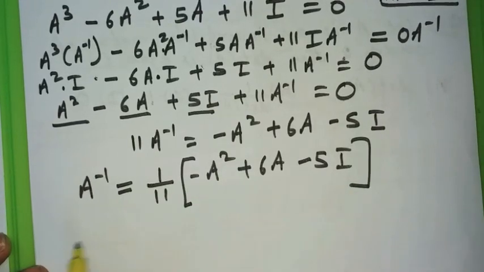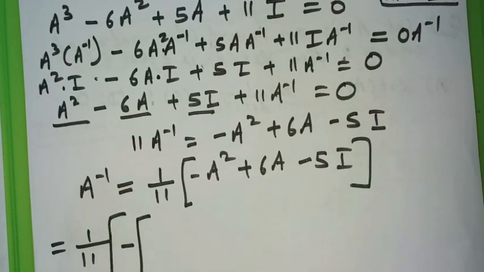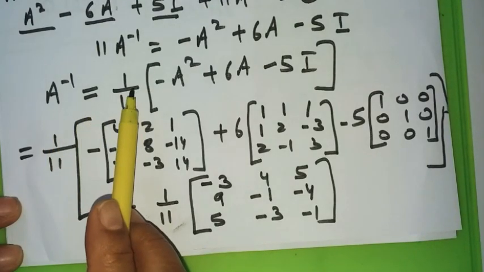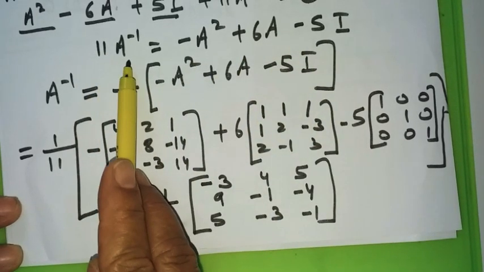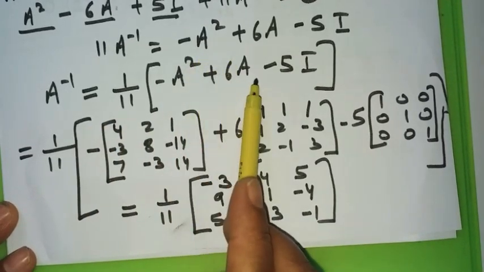So let us substitute the values of all these matrices here. So we get minus A square. So change the sign of every element of the matrix A square. So now I get to know that A inverse is 1 by 11. I can divide the right hand side by 11 to get the value of A inverse. So this is 1 by 11 into minus A square plus 6A minus 5I.